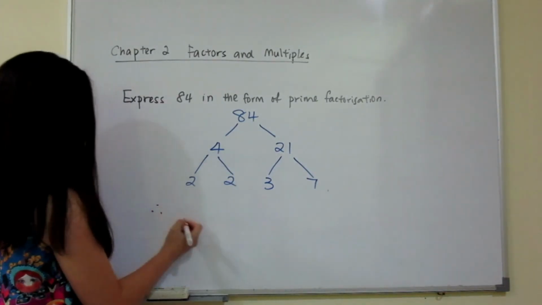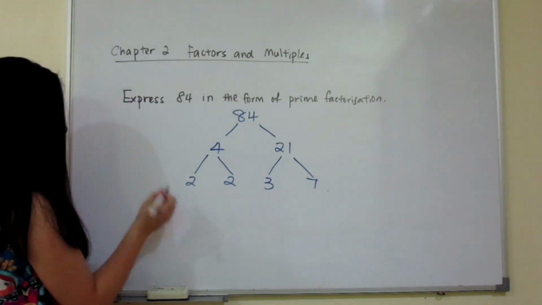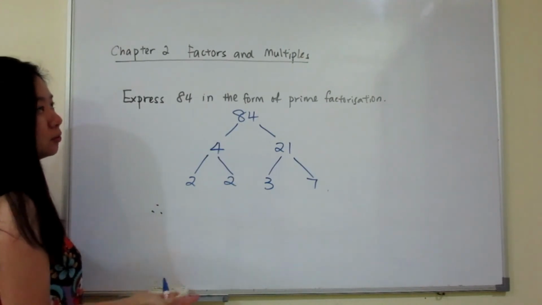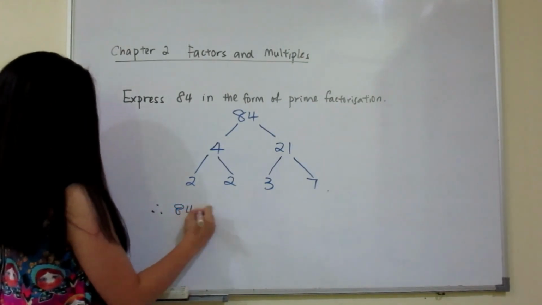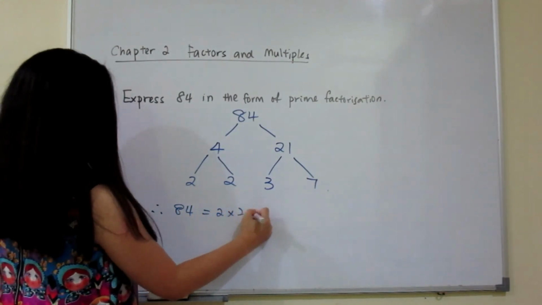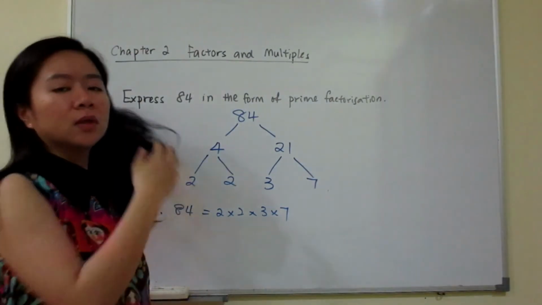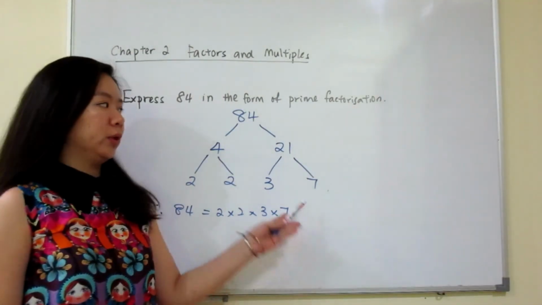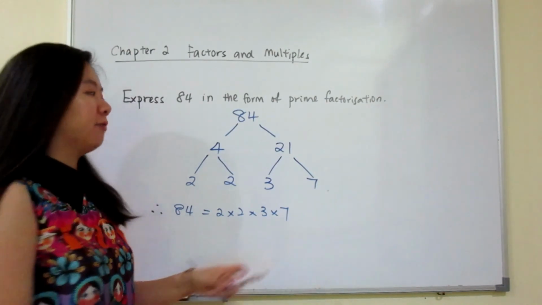For the final answer, just write therefore, or hence, in conclusion, something like that. That's for maths. So therefore, 84 equals 2 times 2 times 3 times 7. Okay, that's how we use the method for prime factorization. Actually, we call this a factor tree.